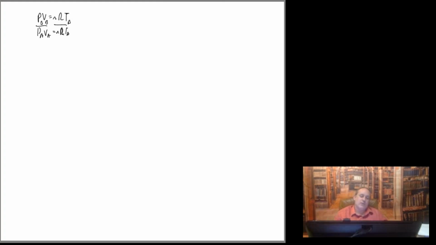When I do, the number of moles just cancels out. The volumes are the same at point A and point B, so those cancel out. And TB equals TA times PB over PA. So that's 300 Kelvin times 4 atmospheres over 1 atmosphere. I think that's what I had, right? 4 and 1. So I was going to write it in atmospheres since the units are going to cancel out anyway. We find out the TB is 1200 Kelvin.